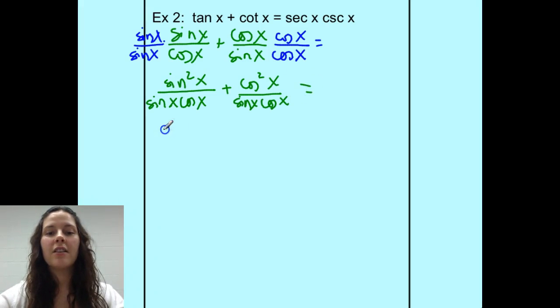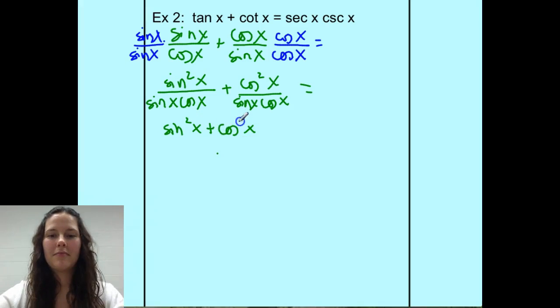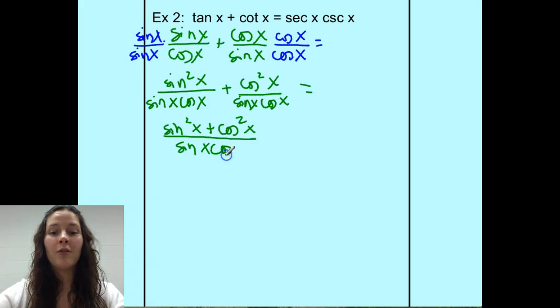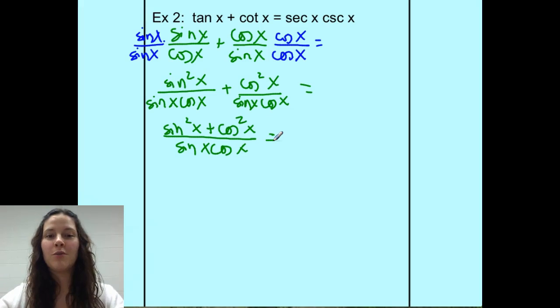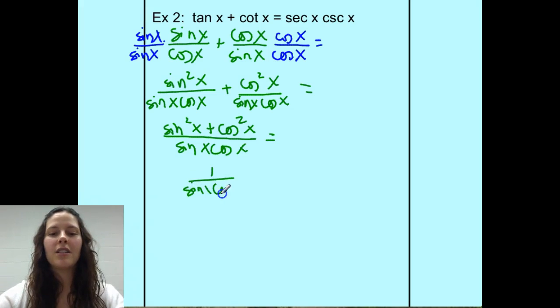Adding our fractions together, we'll get sine squared plus cosine squared in the numerator, all over sine x cosine x. Hopefully by now you are recognizing what this numerator is equal to, one of our Pythagorean identities, which I said we would be using quite a bit. Sine squared plus cosine squared is 1. So we have 1 over sine x cosine x.